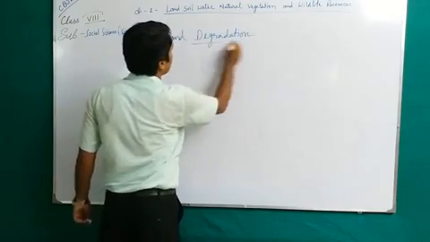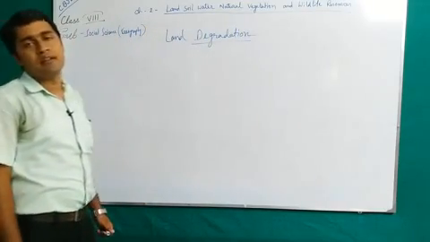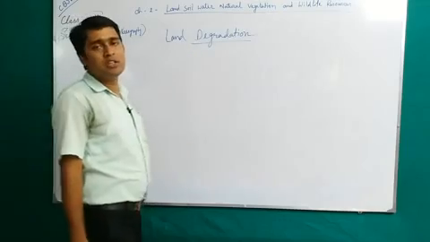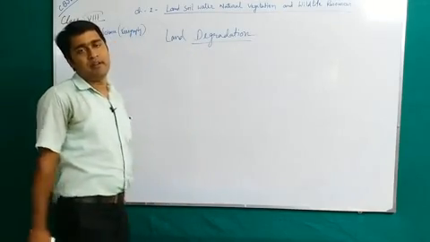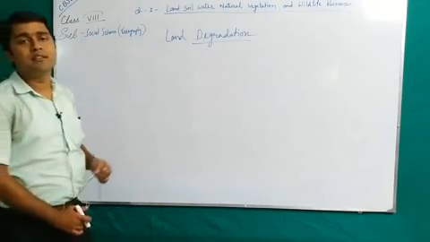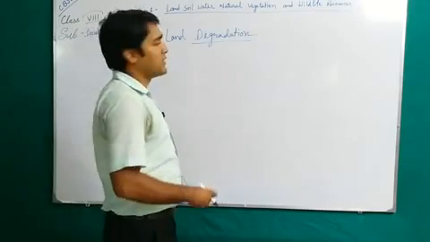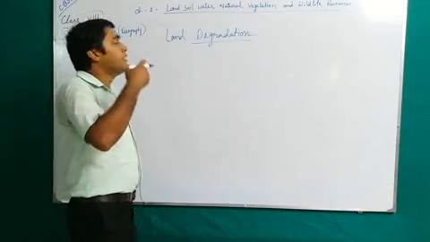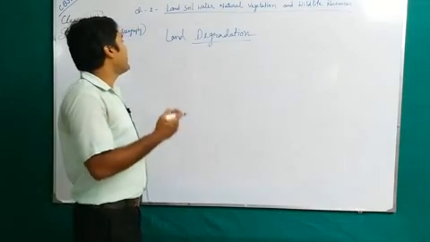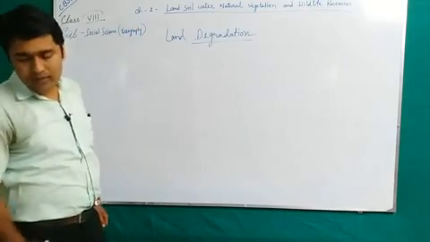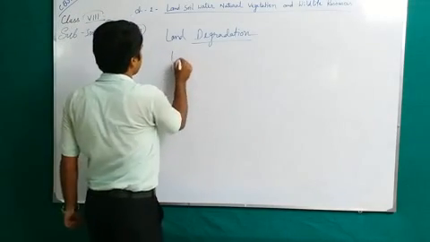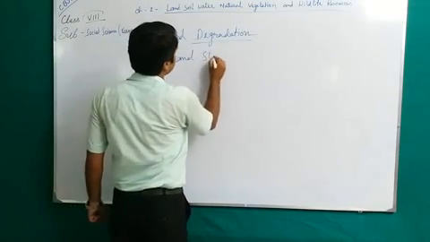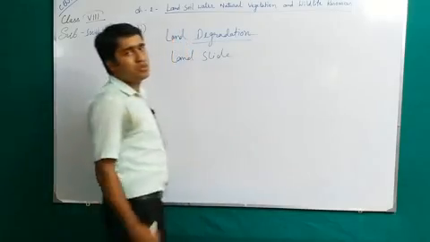What is the meaning of land degradation? Land degradation means the quality deteriorates or decreases. So when land quality deteriorates due to some reason, this is called land degradation. Another one is landslide.